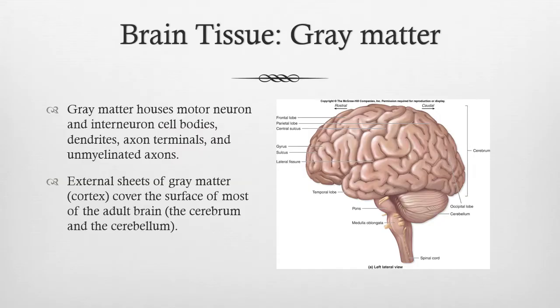So the brain tissue itself, when we look at the brain, what we essentially see when we first open up the brain is going to be gray matter. And so gray matter is on the outside of the cerebrum and white matter is on the inside. And so this is where we have all of our cell bodies. We have unmyelinated fibers.